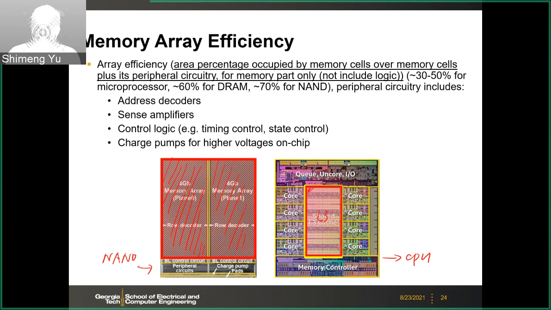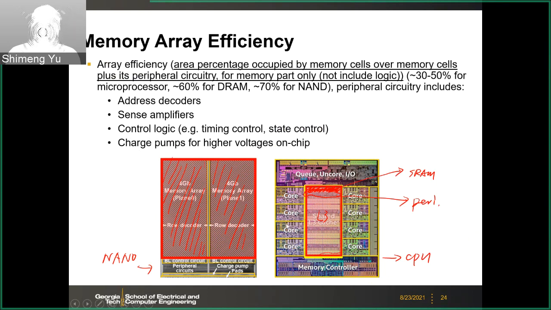Probably this part is the SRAM area, and this part is the peripheral circuits. So when we talk about L3 array efficiency, we're talking about this SRAM area divided by the total L3 area.